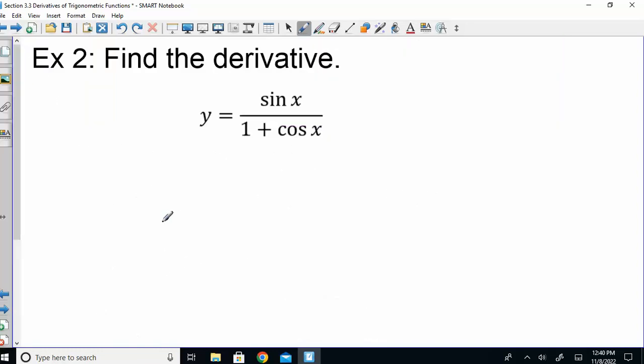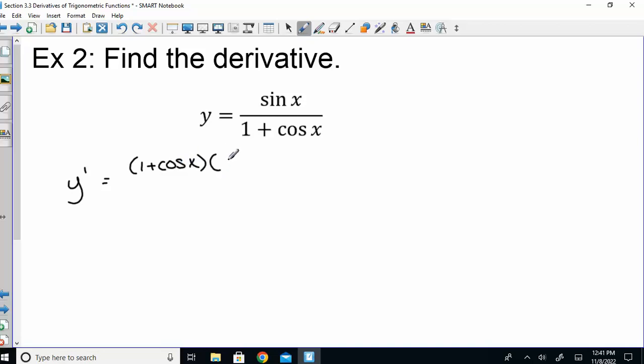All right, let's practice some more of these. So if I want the derivative here, what would I have to do? Quotient rule. So low d high.